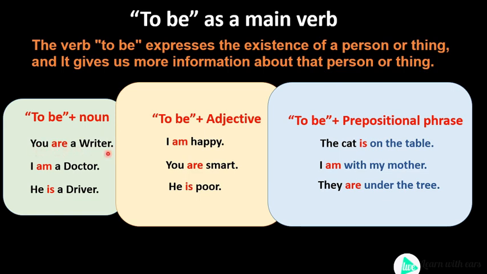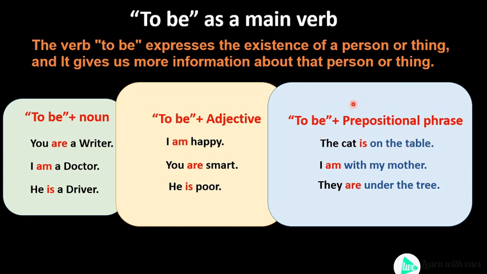I am a doctor. He is a driver. Writer, doctor, driver: these are nouns. So we use to be with nouns. Now we use to be with adjectives. I am happy. Now to be with prepositional phrases.